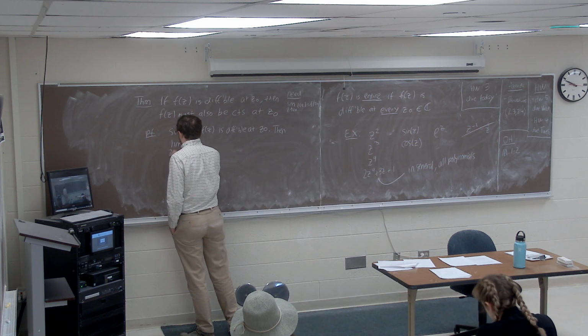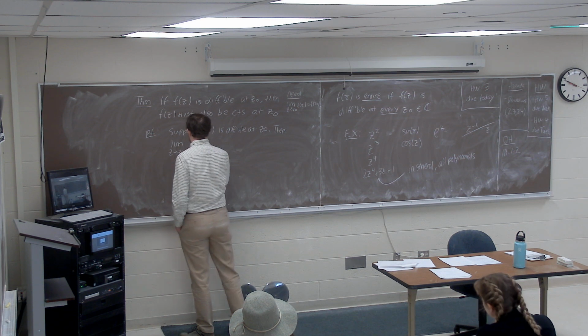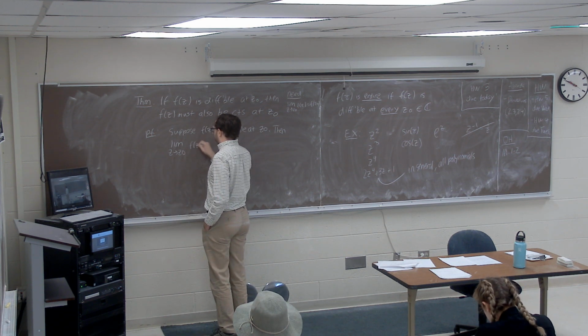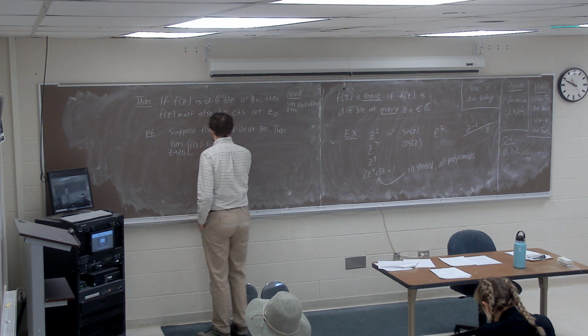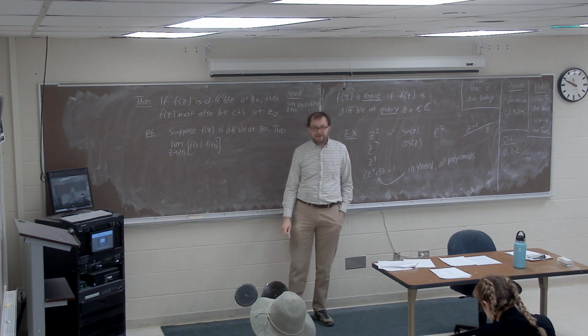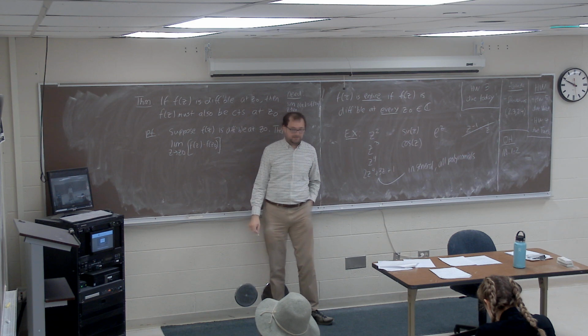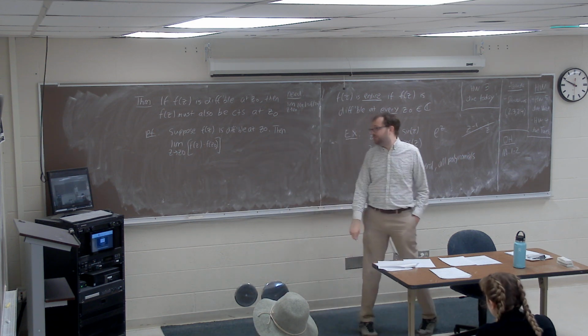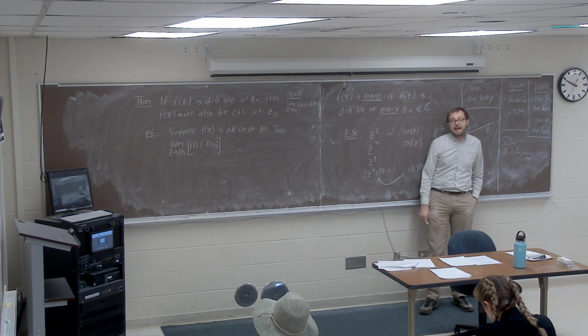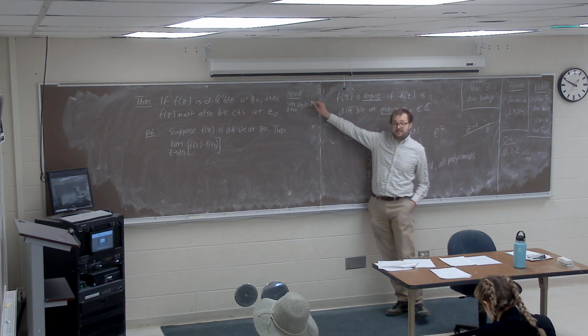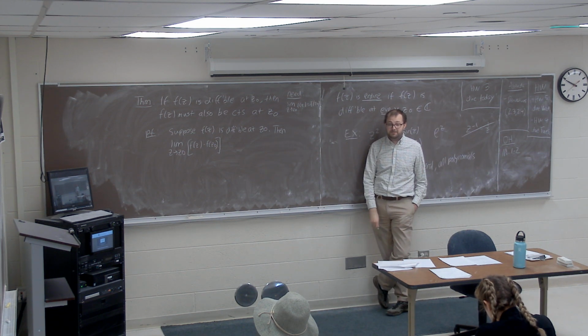So, Ginger. What would that imply about this limit here? Limit as z approaches z naught of f of z minus f of z naught. What would that limit have to be in order to satisfy this continuity condition?